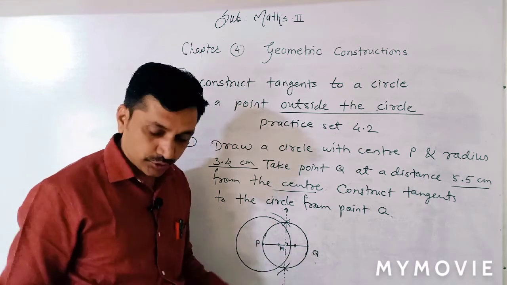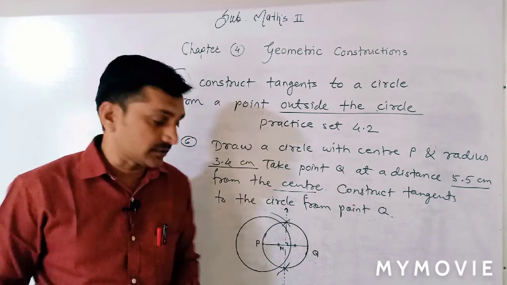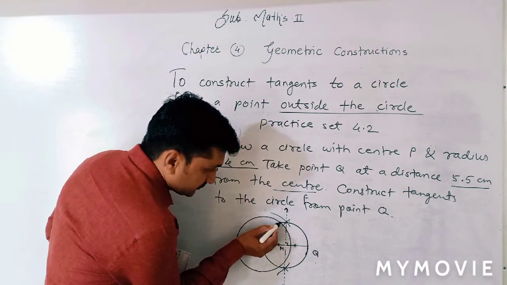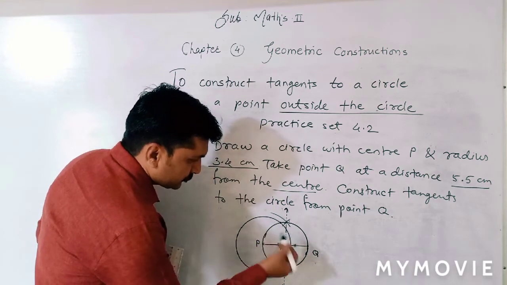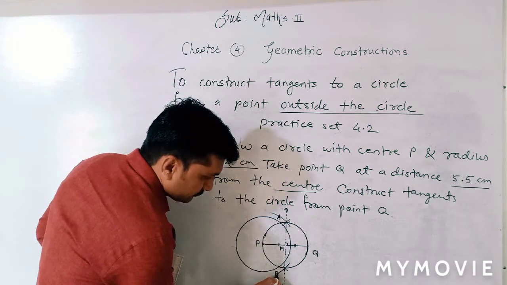Now see at which points both circles intersect. Points of intersection of two circles, here and here. You can give any name; I write here A, and here B.